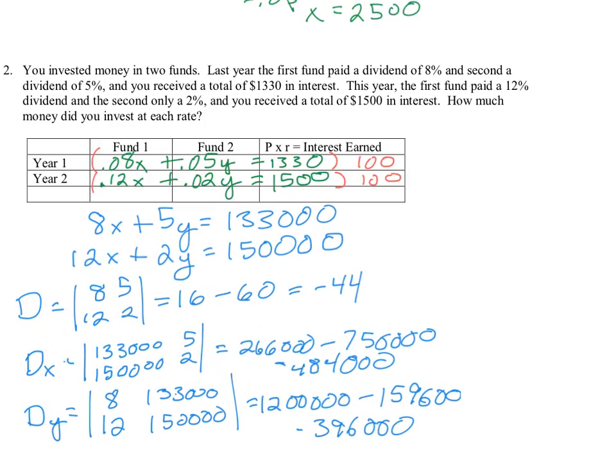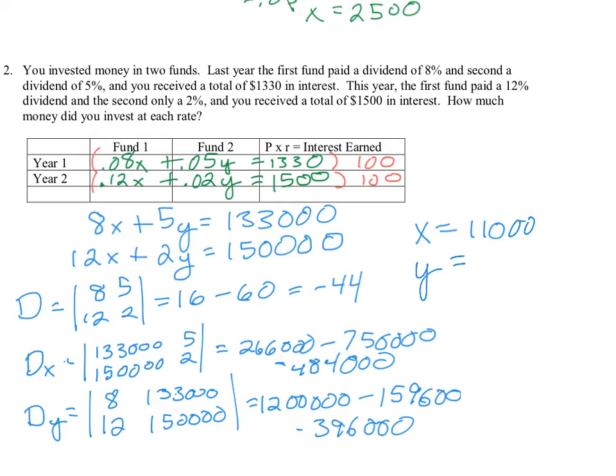So we're going to do that over here. So x equals the determinant I came up with for x, which was 484 with 3 zeros after, divided by negative 44. And I get 11,000 in x.